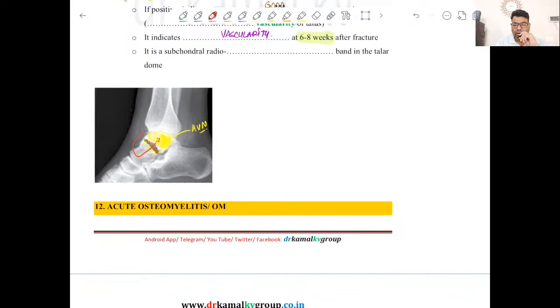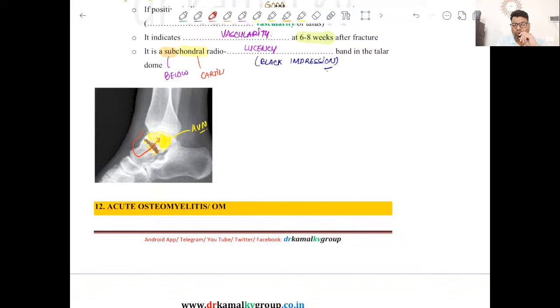Now, how do we see it on X-ray? It is actually an area of subchondral radiolucency. When I use the word lucency, it means a black impression, because a white impression on X-ray is radio-opacity and radiolucency is a black impression. I am using these layman kind of words, please pardon me, just to make sure you understand easily. Sub means below, and chondral means cartilage.